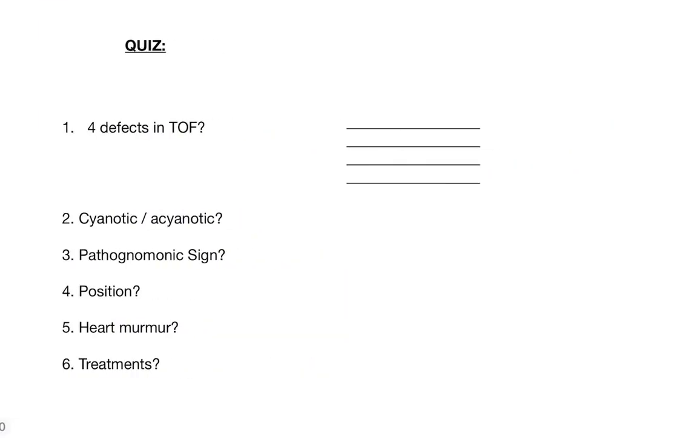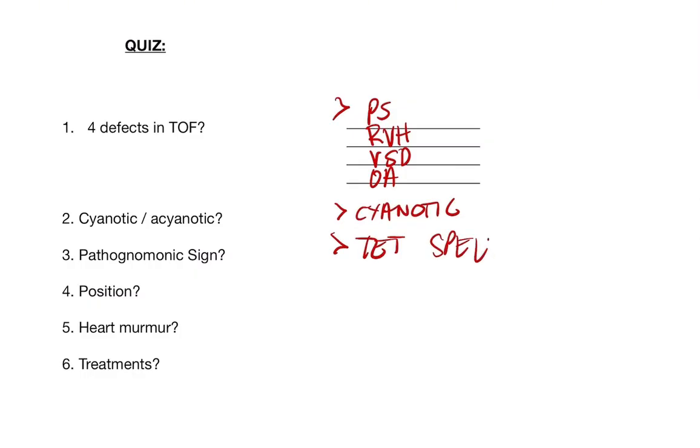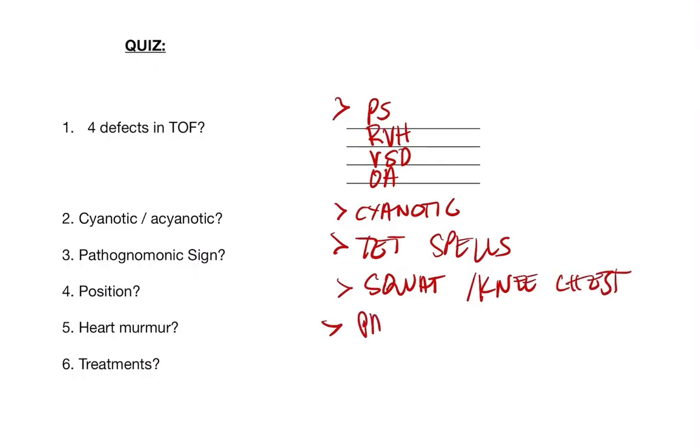Do you understand that? Alright, so again, what are the 4 defects in Tetralogy of Fallot? Pulmonary stenosis, right ventricular hypertrophy, ventricular septal defect, and overriding of aorta. Is it cyanotic or acyanotic? Cyanotic. Pathognomonic sign is the TET spells. Position is the squatting or knee-chest. And what is our heart murmur? Our heart murmur is pansystolic. What are our treatments?